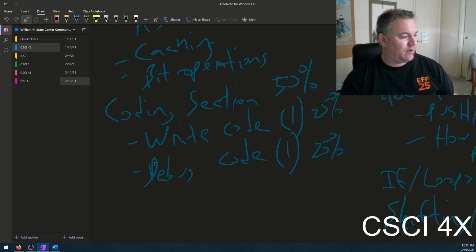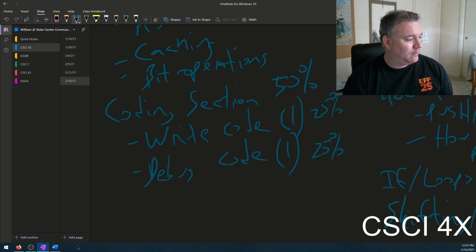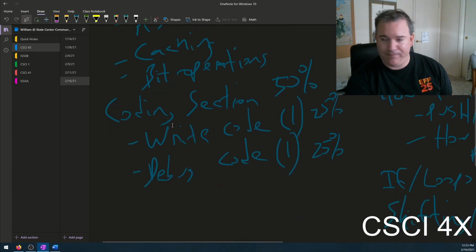Homework is usually harder than the coding part of the test, because I want people to be able to do it. Being able to code under time pressure is actually a really important skill for computer science people. In the real world, you've got deadlines and things like that. So I'm going to try not to make this multiple choice section very long, so that you can jump into the coding.